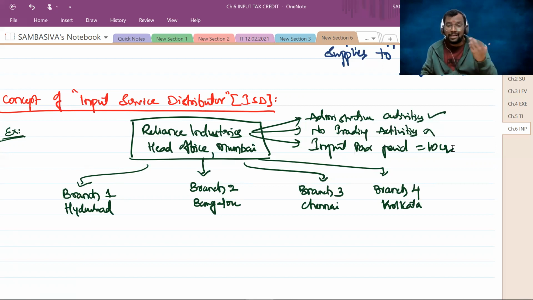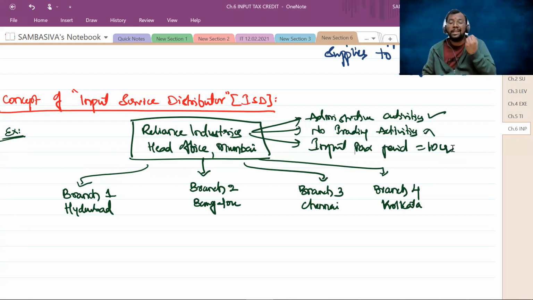Legal consultancy services too. It needs furniture, machinery like air conditioners, and some vehicles. On purchase of all these capital goods, input goods, and input services, they would have paid some input taxes.